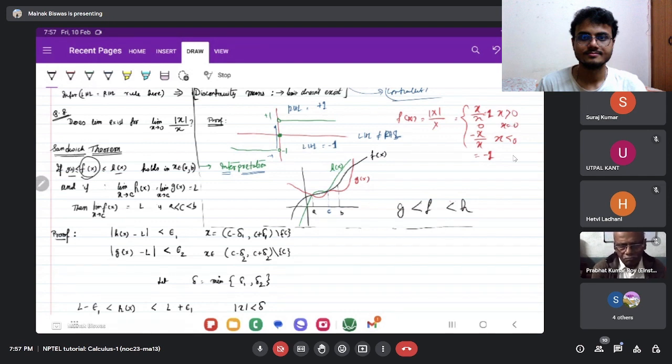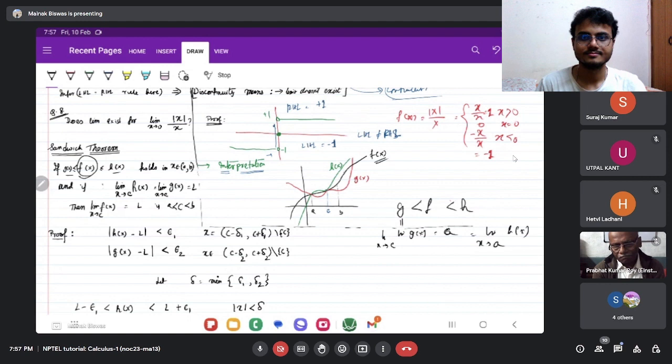So if at a particular point you have limit x tends to a of g(x) is equal to limit x tends to a of h(x), then the function in the middle, f of x, will also have the same limit, right? It's in between, so both of them are in the same neighborhood. The middle function also has to be in the same neighborhood. It cannot jump because it is bounded up and down by both these functions.